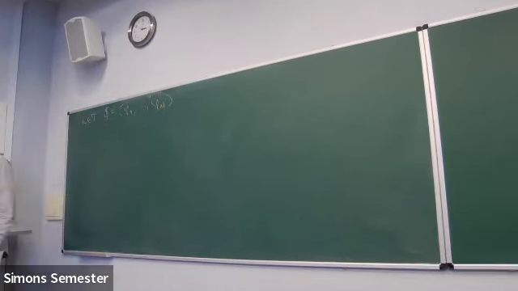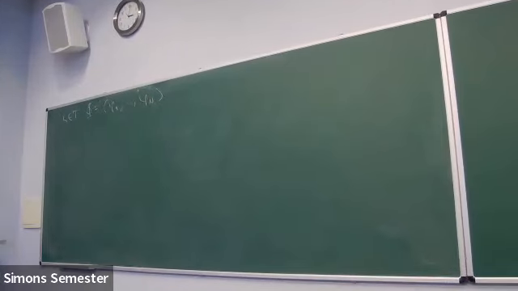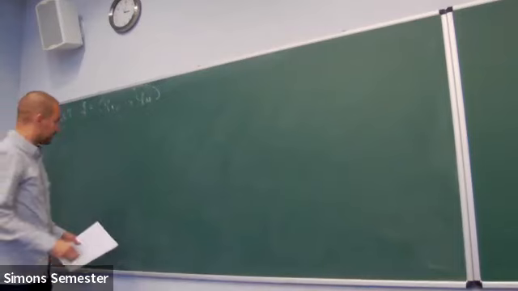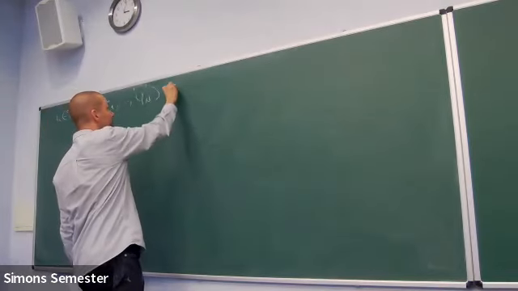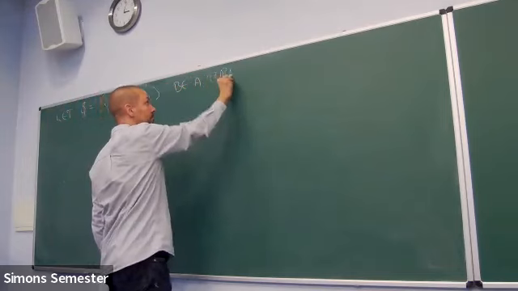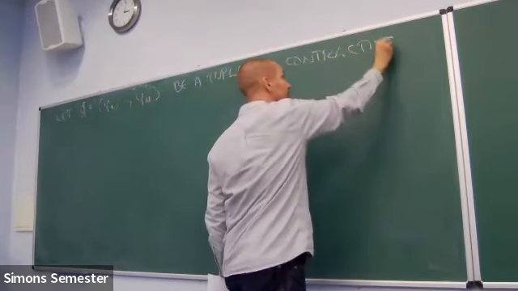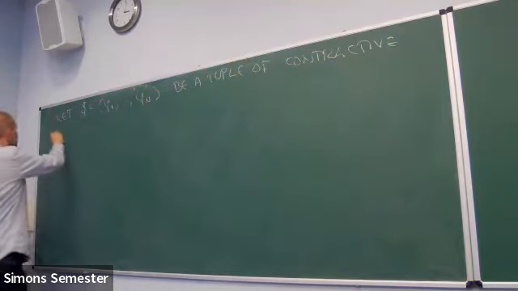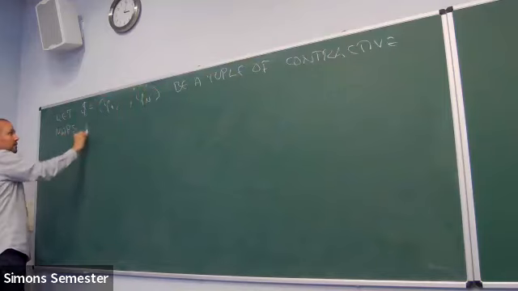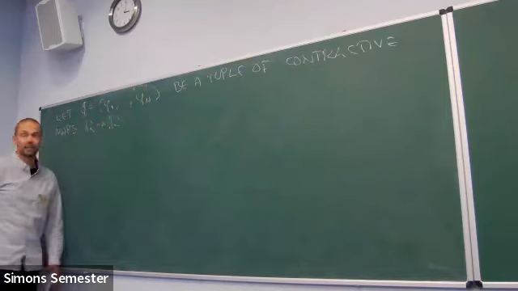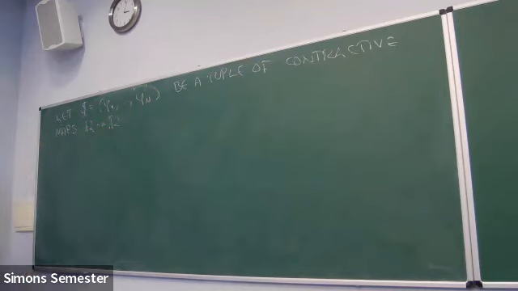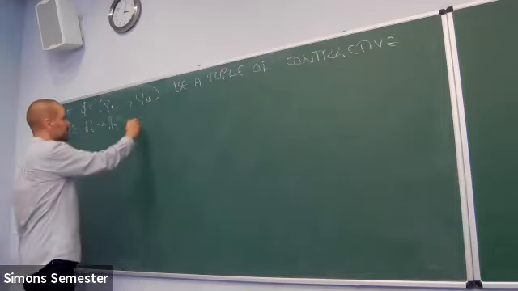We have a list of contractive maps, phi 1 to phi capital N, and let us be on the real line. So everything I'm going to talk about now is on the real line. And so there are constructions, and I assume two cases.